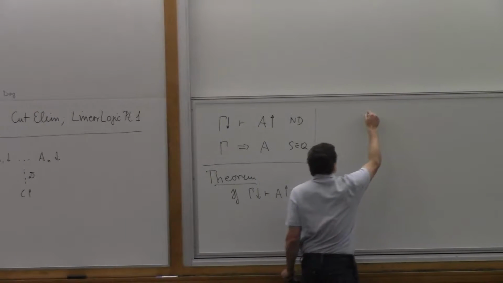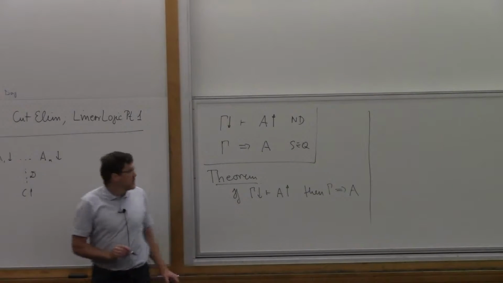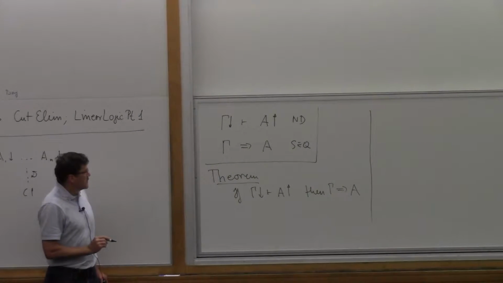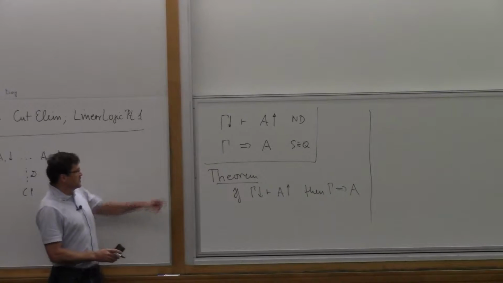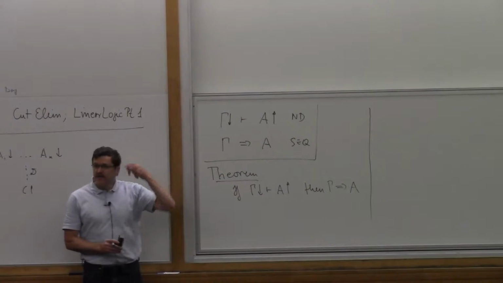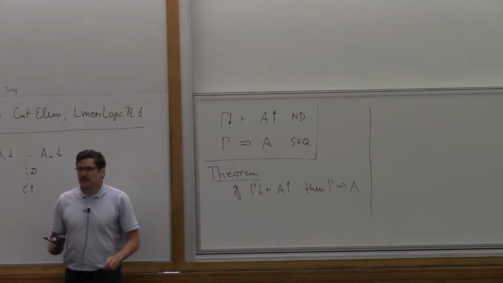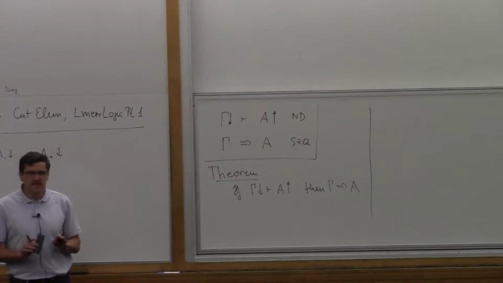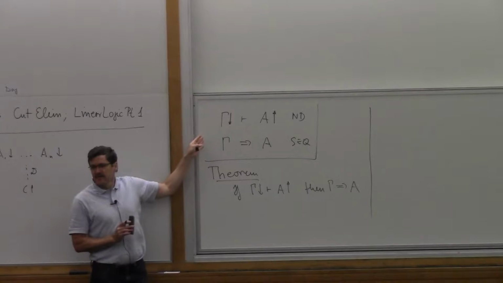So the theorem holds only on one side, from natural deduction to sequent calculus. There's a second theorem which goes back from here to here, but I don't want to prove that. Otherwise I could spend the whole lecture just showing how to prove these things, but I just want to focus on one. This direction, from here to here, is the harder one, so I'm going to do the more difficult one.